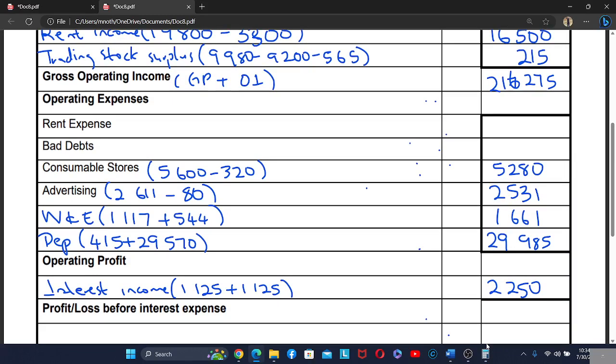bad debt is 134, current expense is 102.